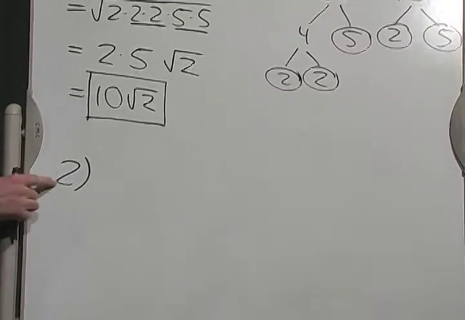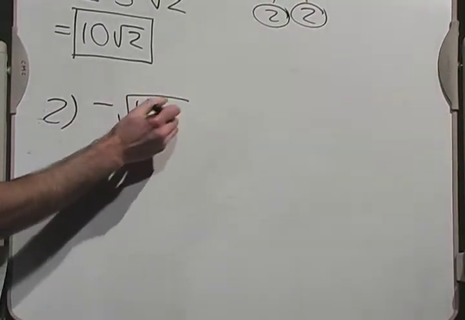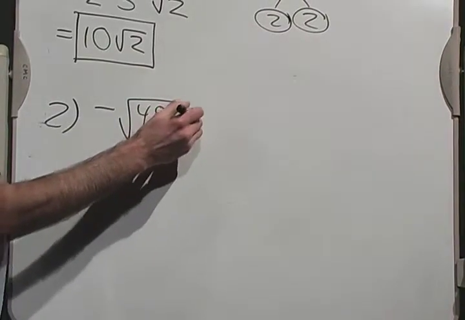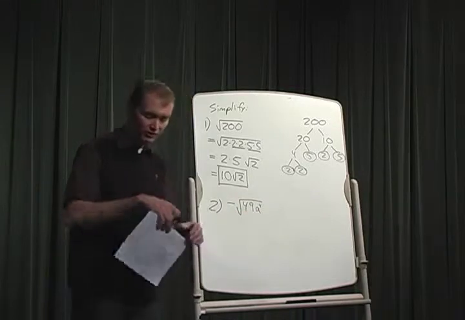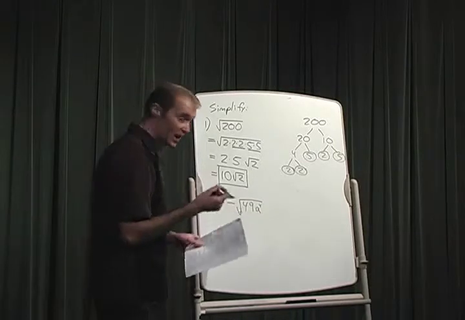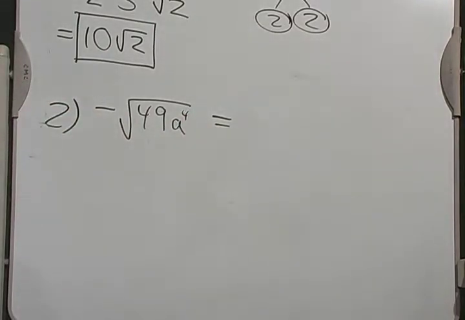Let's suppose that I'm asked to find negative root 49a to the 4th power. Negative root 49 times a to the 4th power. Well, I am just going to keep this negative along every time I rewrite this expression.